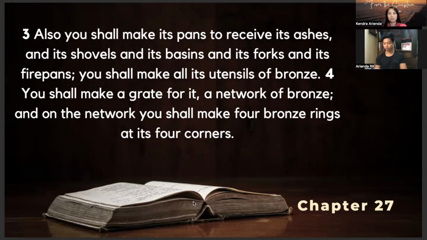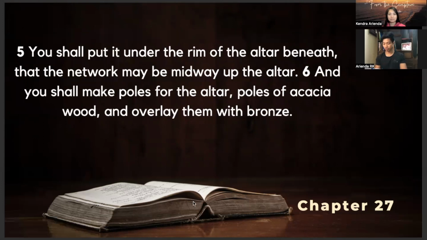You shall make a grate for it, a network of bronze, and on the network you shall make 4 bronze rings on its 4 corners. You shall put it under the rim of the altar beneath, that the network may be midway up the altar. And you shall make poles for the altar, poles of acacia wood, and overlay them with bronze.